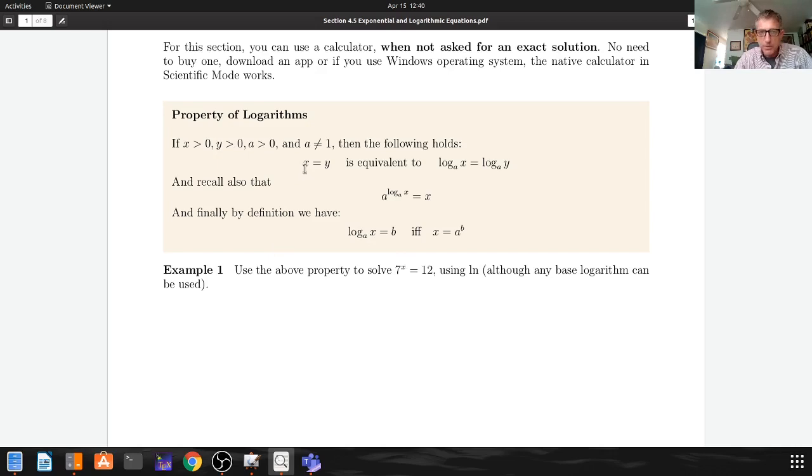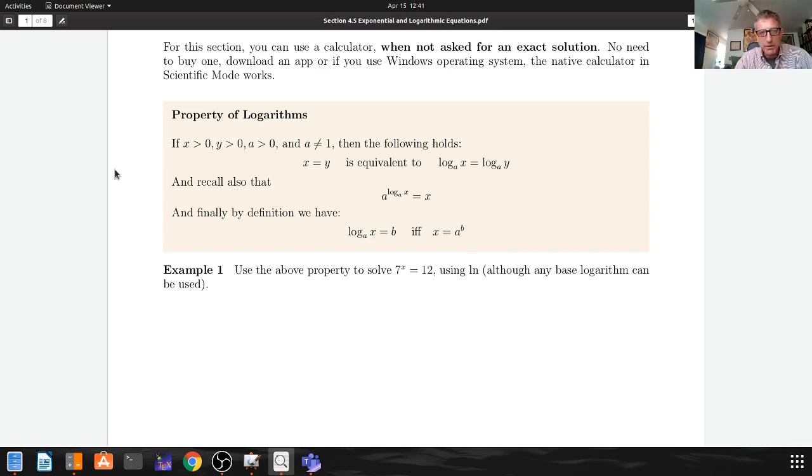So here's the first property we will use again and again and again. Recall, if x is greater than 0 and y is greater than 0, then x equals y is equivalent to log to the base a of x equals log to the base a of y.